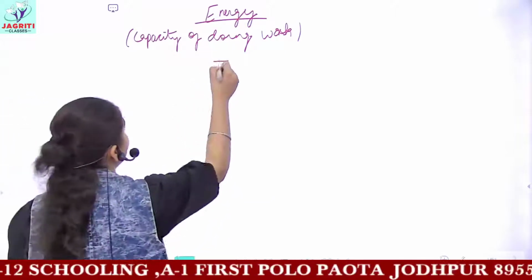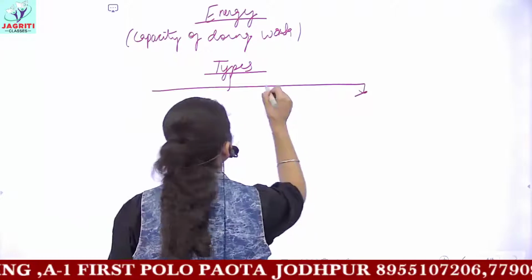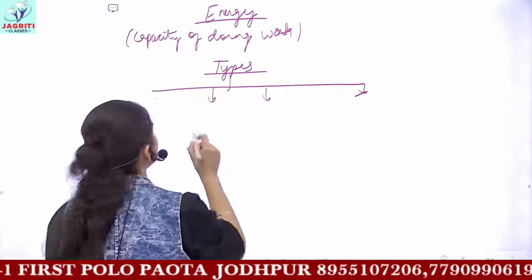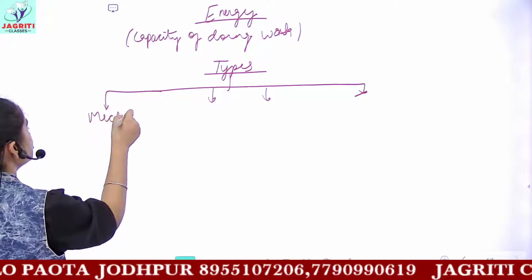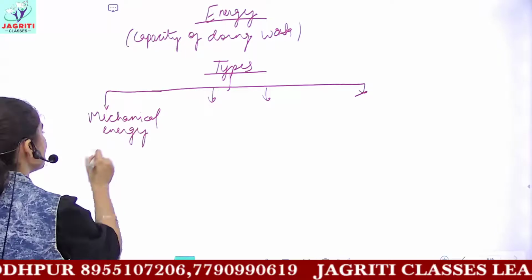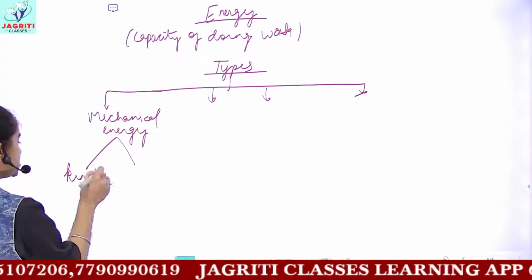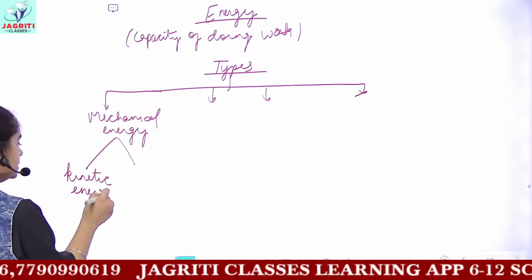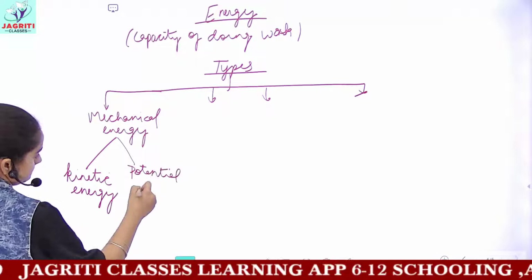Then you have different types of energy. You can have many different kinds of energy. Like you have the first one which we have to study in detail is the mechanical energy. This mechanical energy involves two kinds of energy, which is the first one is kinetic energy and the next one is potential energy.